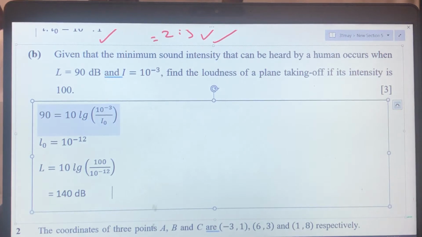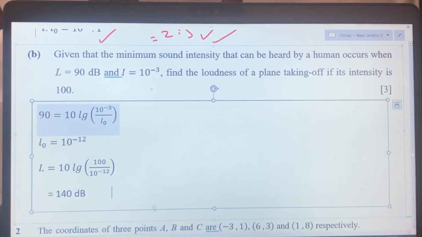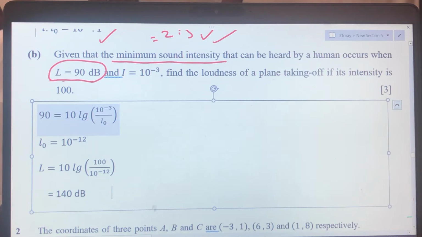Given that the minimum sound intensity that can be heard is 90, so minimum sound intensity is L. So you have to sub it here, and I naught, which is this number at the top, is 10 to the power minus 3. Now, after you have substituted in, you can find the loudness of the sound if its intensity is 100.